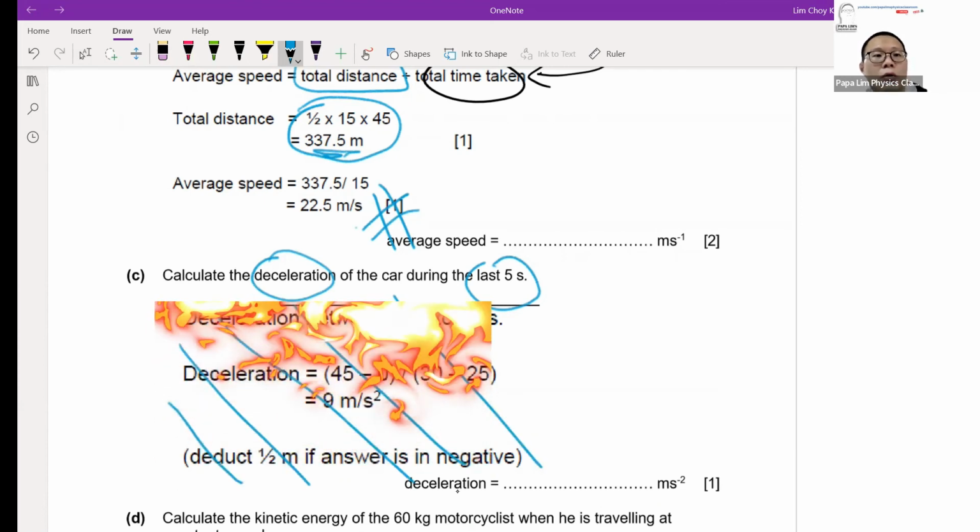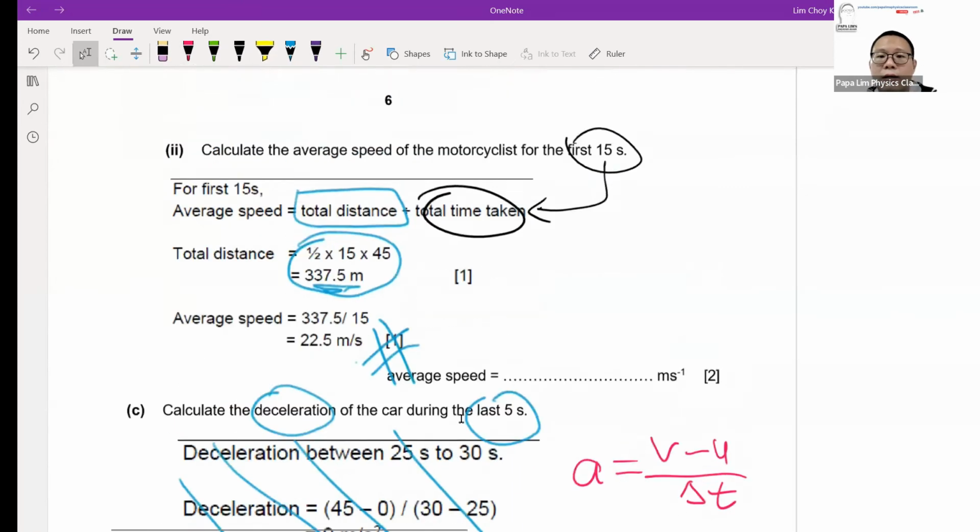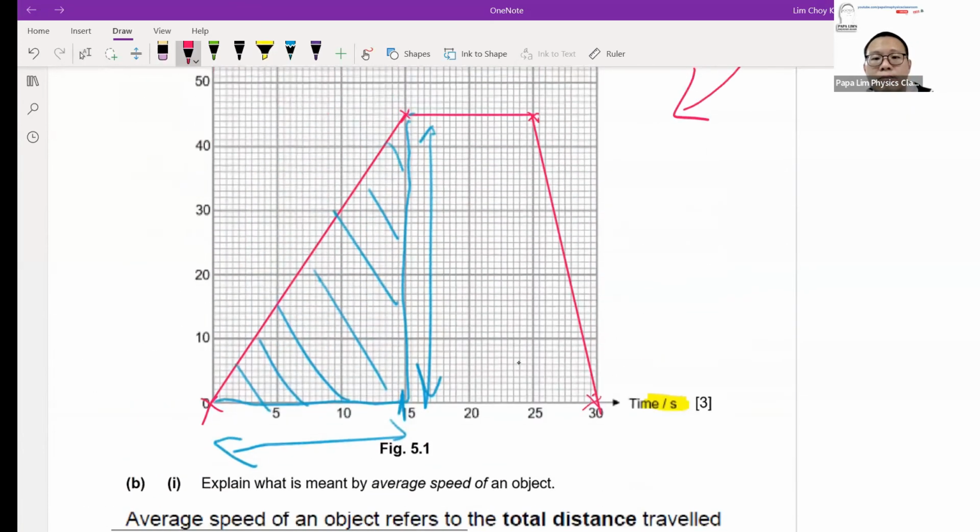So what we always do is go back to basics. We know the acceleration formula: acceleration is final minus initial divided by time. For the last 5 seconds, the final speed is 0 meters per second.